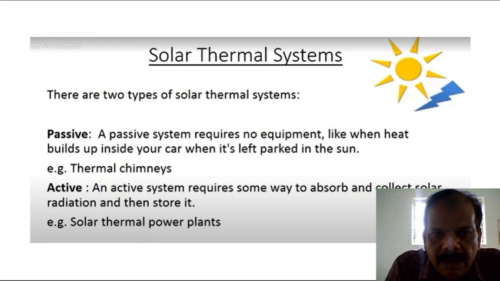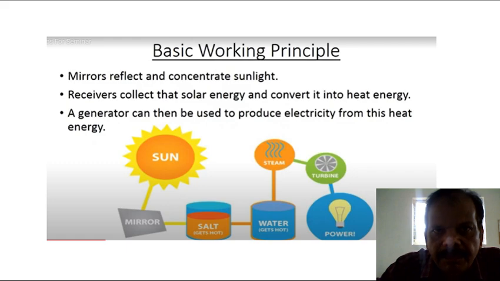The best example is thermal chimneys. The other type is the active system, which requires some way to absorb and collect the solar radiation, and then store it for some time. The best example is our solar thermal power plants.